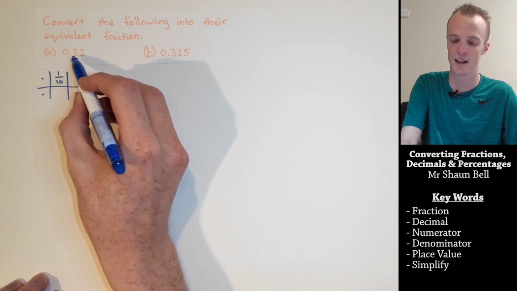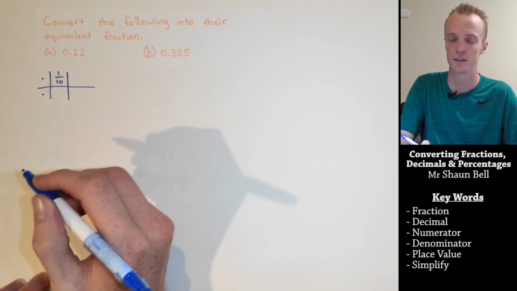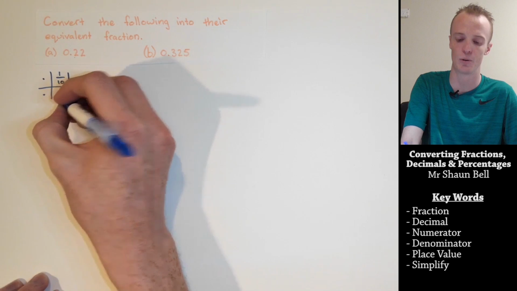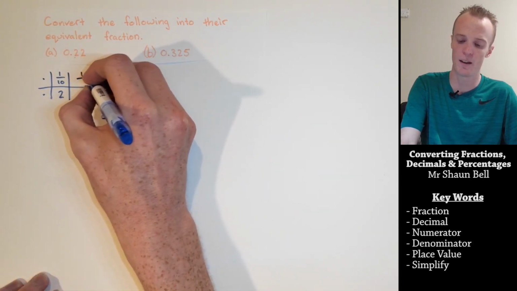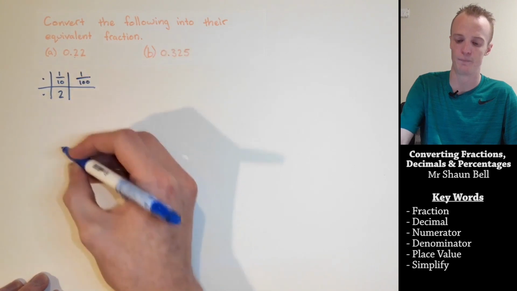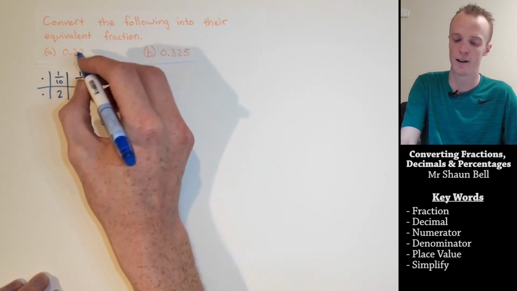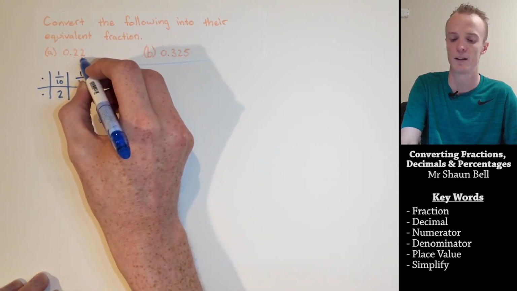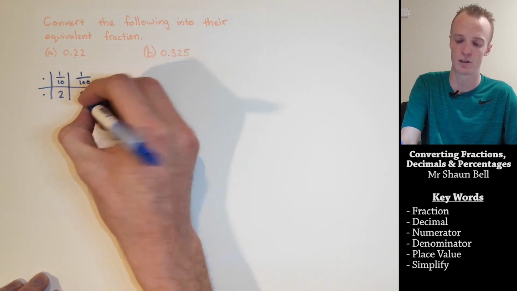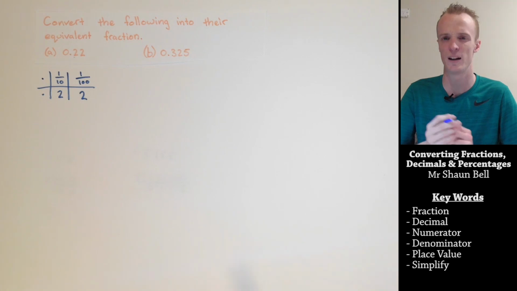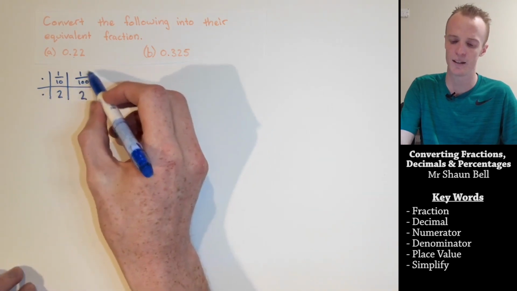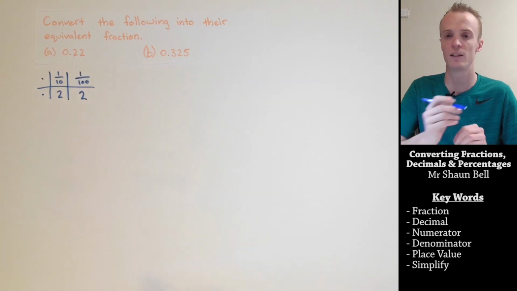Now in this problem, the tenths place value is the first decimal place, which is 2. Next in our place value chart is going to be the hundredths. That is represented by the second decimal place, which is also a 2. Okay, so I now have 0.22 in a place value chart. What I want you to focus on is the last place value column that we needed to use.